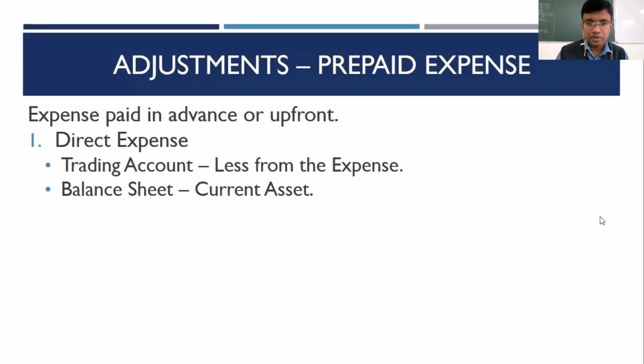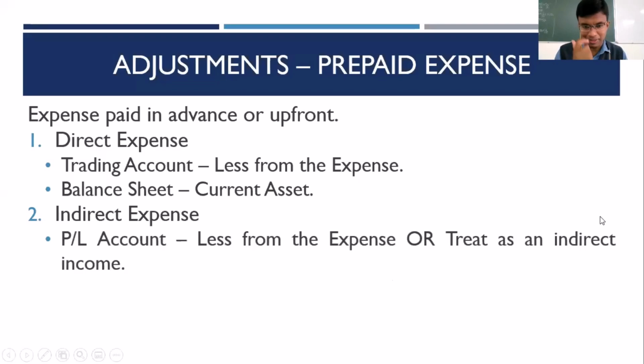Moving forward, indirect expenses. Now, for indirect prepaid expenses, there are two ways that you can do it. One is you can subtract it from the expense, just like how I explained for the trading account, or you can show the prepaid expense as an indirect income.